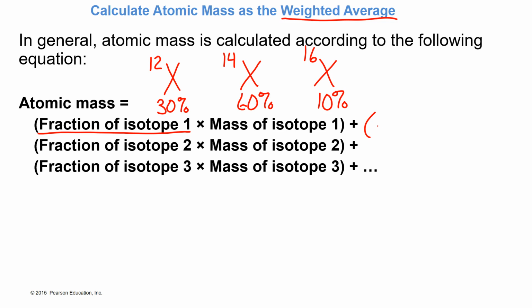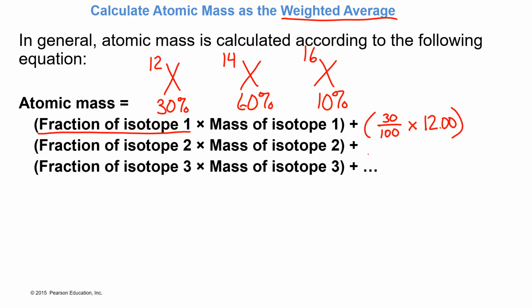So we have 30 over 100, or 0.3, times the mass, and I'm going to make it 2 decimal places, because with masses we usually go to 2 decimal places. All right, so I'm going to take that number.